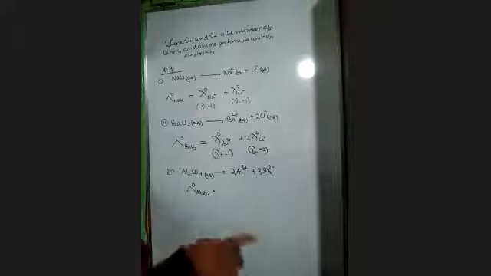Write this. Write and tell me. What did you write here? Tell me. What did you write here? Yes. Lambda m0 of Al2(SO4)3 is equal to 2 small lambda Al3 plus plus 3 small lambda sulfate.